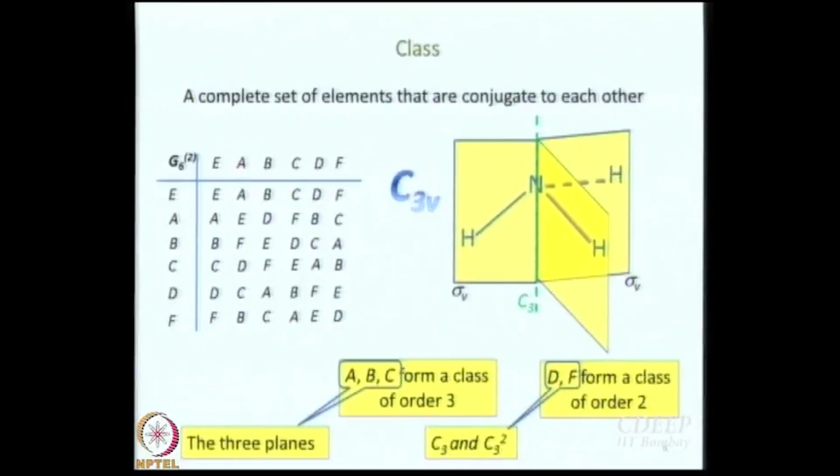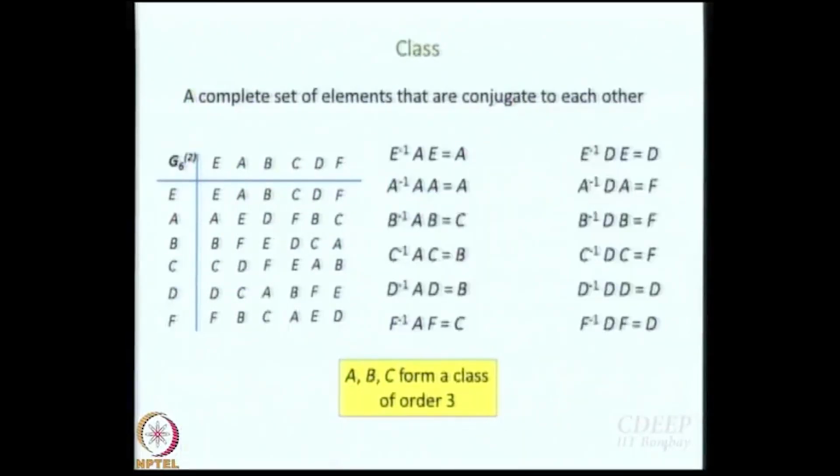You could get itself, no? Remember? See, when you use E to perform the similarity transformation, you get A. When you use A itself, then also you get A. When you use anything else, do not forget A, B, C are the planes, D and F are rotations. Even when you use the rotation operations to perform the similarity transformation, you start with a plane, you get a different plane.